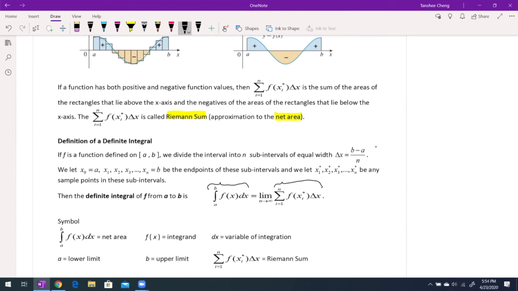Any questions on this new notation? It's basically what we learned previously. We're just giving a new notation, and this notation has a meaning, which is the net area, because we want to talk about the area above and below the x-axis altogether.